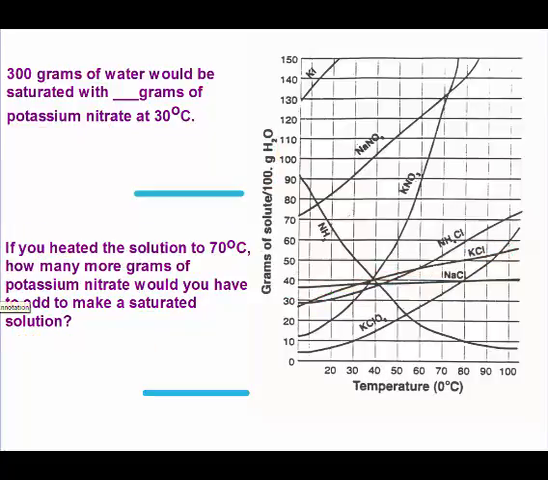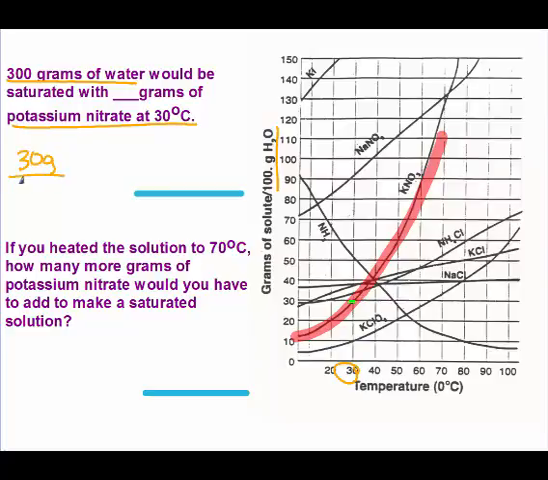This next one has 300 grams of water. So we do need to pay attention to that because our graph is only for 100 grams of water. So we find potassium nitrate at 30 degrees. So that's about 30 grams.